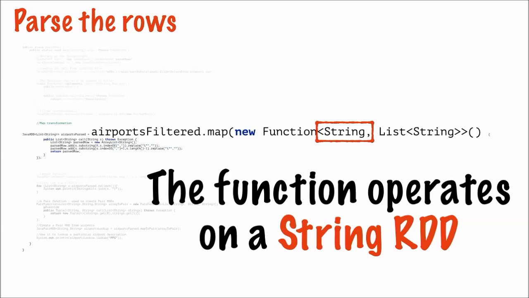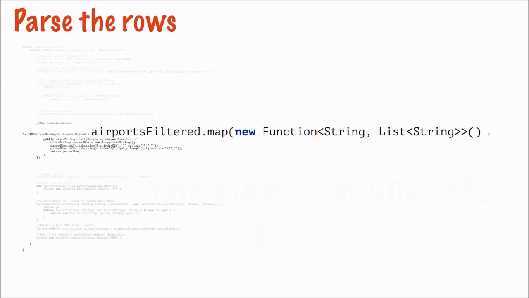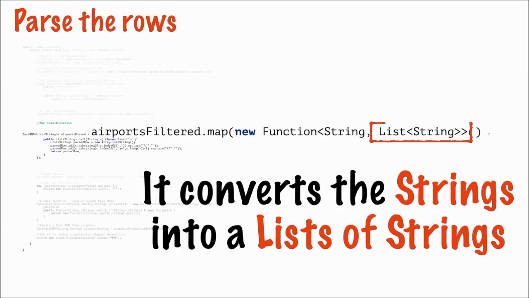The function operates on a string RDD, which is why the first parameter is a string. The function converts the strings into a list of strings. Every string is converted to a corresponding list of strings. That is the return type of the function, the return type of the call method in the function interface.